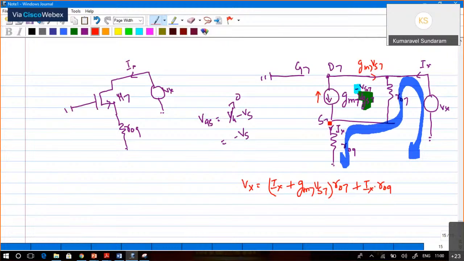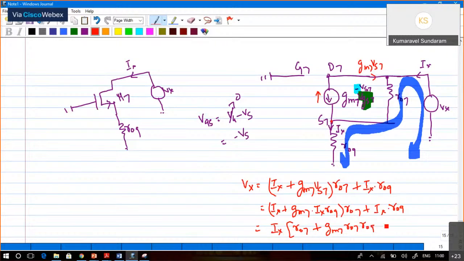So again, the GM7 at this node gets flipped. What is VS7? VS7 is Ix into R09. So if you take Ix common, you will get Vx equal to Ix times (R07 plus GM7 R07 R09 plus R09).